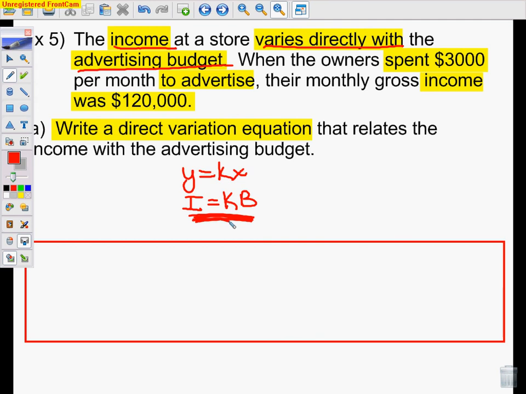So it says when the owner spent $3,000 to advertise, so that's an example of our B. So if I use this formula up here, K times 3,000, the income was 120,000. Alright, so when it says write a direct variation equation, we can solve for K. So divide by 3,000.